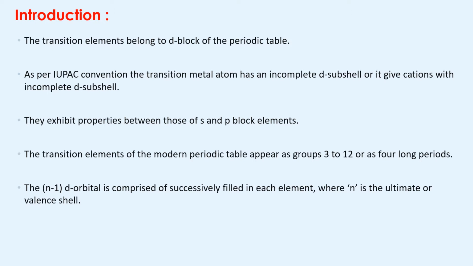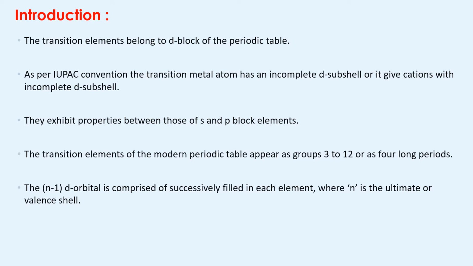Scandium's atomic number is 21 and zinc's atomic number is 30, which is the last element present in this 3d series. Here n is the ultimate shell, so the fourth period is the ultimate shell, and n-1 means electrons enter into the 3d subshell. That's why the elements from scandium to zinc enter the 3d series.